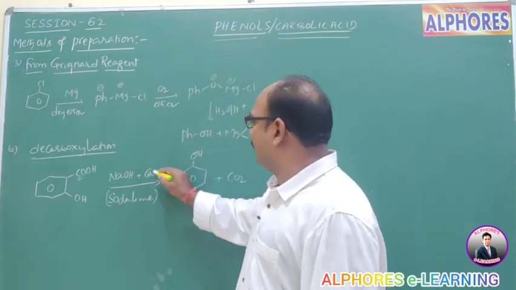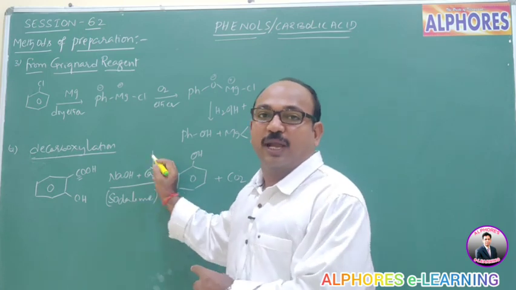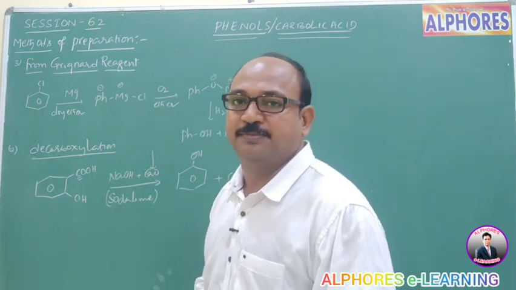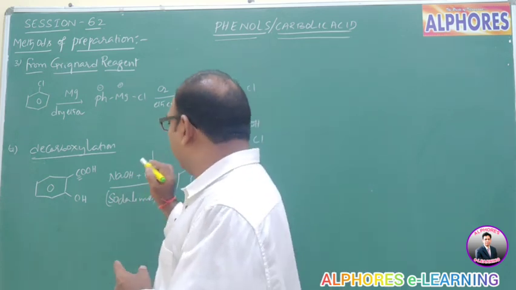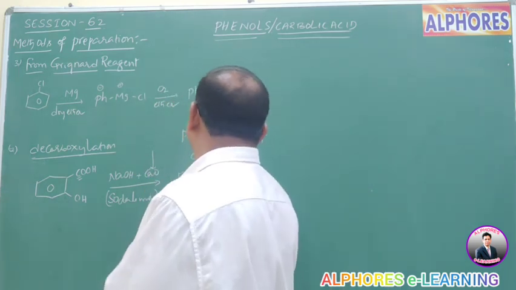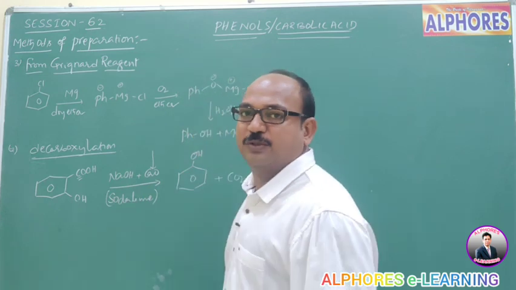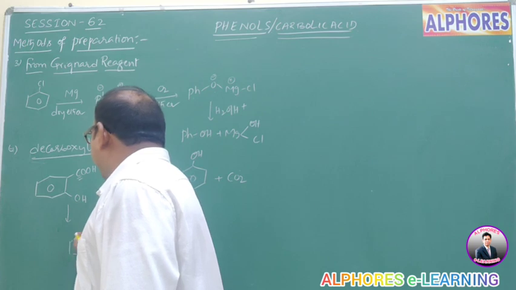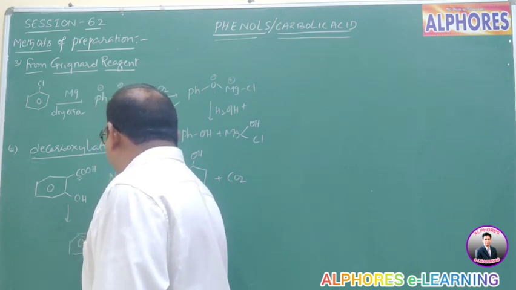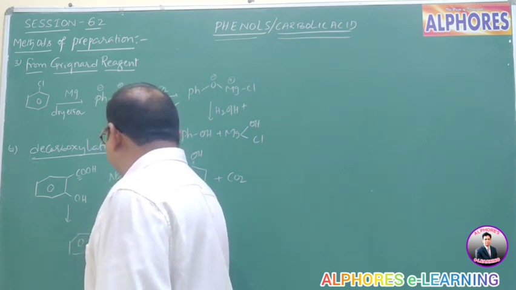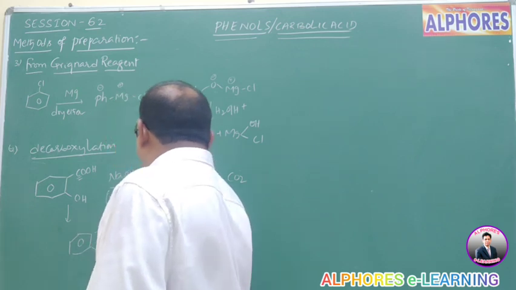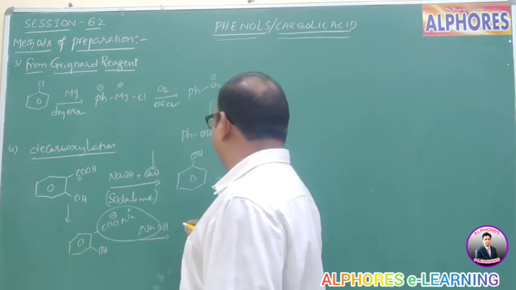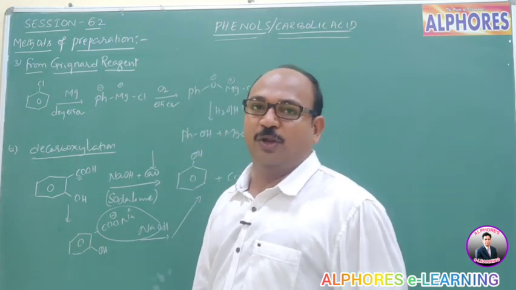CaO is used only to keep the sodium hydroxide in dry condition, and NaOH absorbs that CO2 and converts into Na2CO3. So what mechanism generally takes place here? Salicylic acid converts into the sodium salt of the carboxylic acid like this, and this one upon reaction with NaOH gives Na2CO3 and the product is phenol.